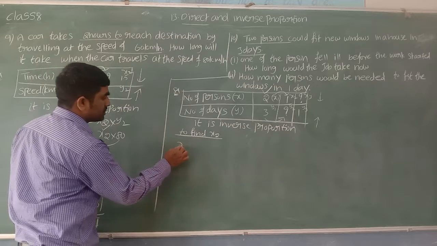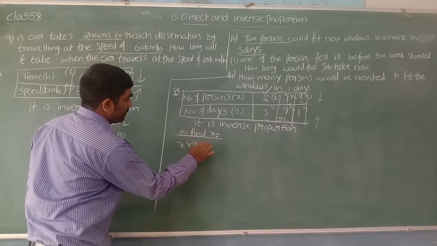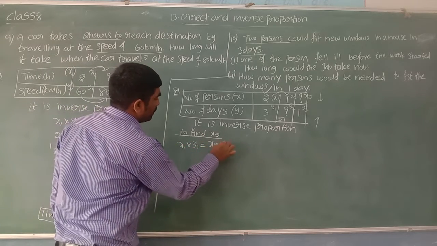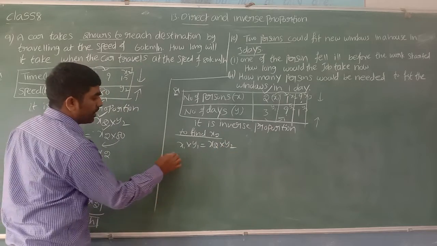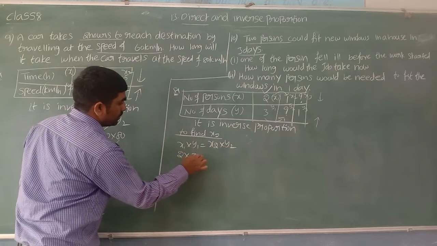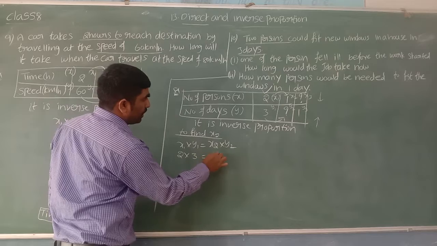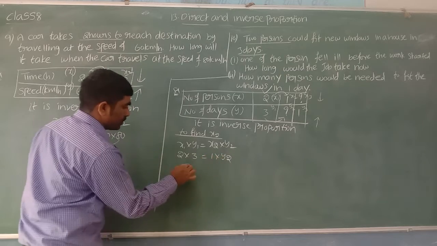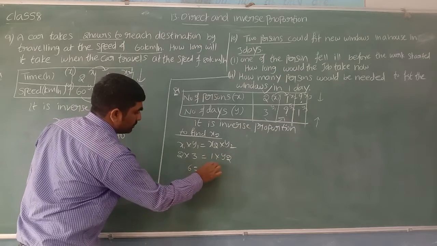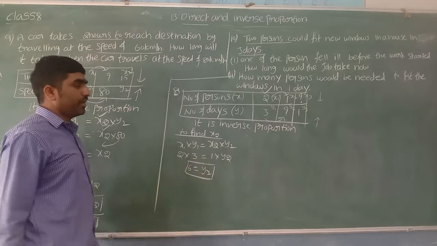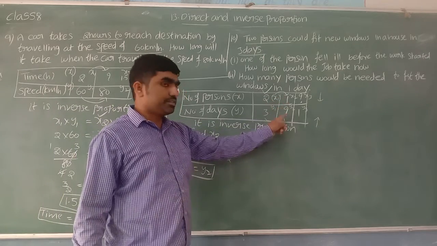So here x1 into y1 is equal to x2 into y2. So 2 into 3 is equal to 1 into y2. So 2 threes are 6 is equal to y2. If there is only one person, it will take how many days? 6 days.